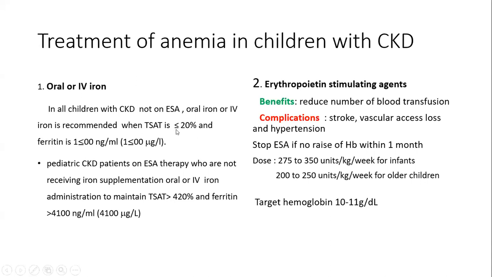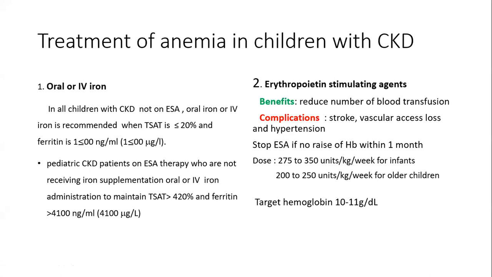For all children with CKD not on an erythropoietin stimulating agent, oral or IV iron is recommended when transferrin saturation is less than 20% and the ferritin level is less than 100 nanograms. So we check those levels to know where we started and whether you are improving or not.